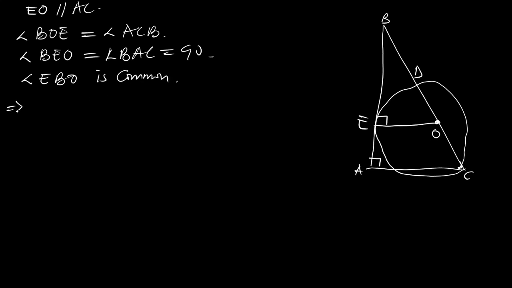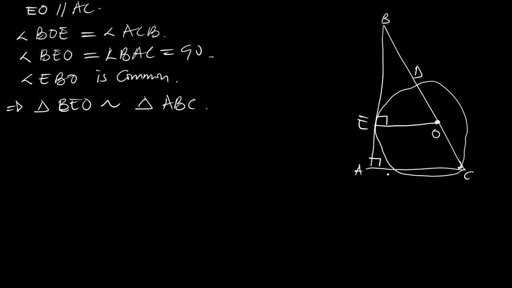Then it implies that triangle BEO is similar to triangle ABC.